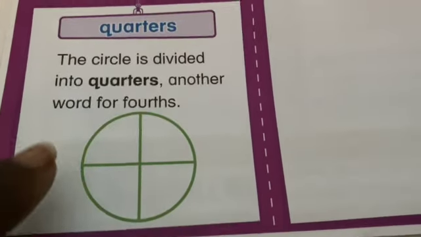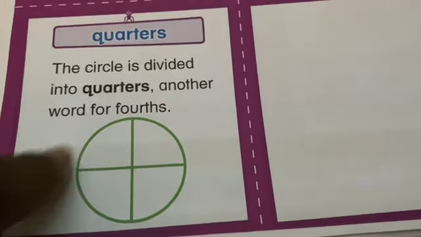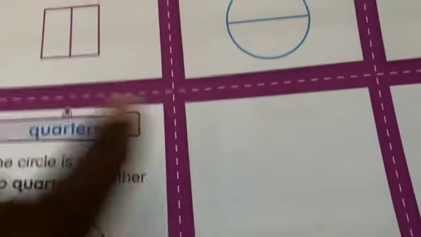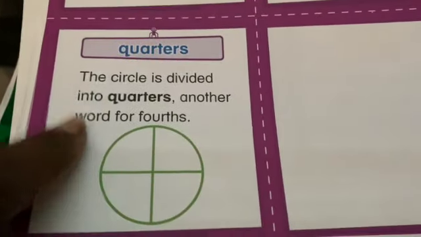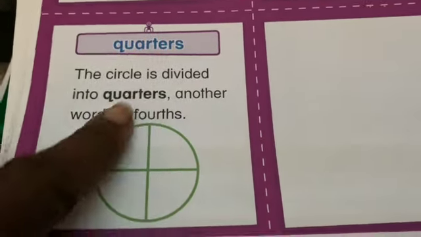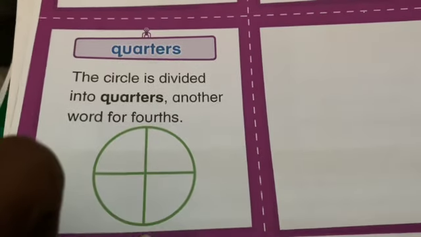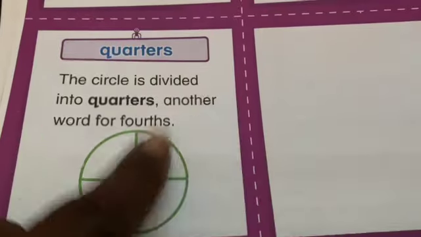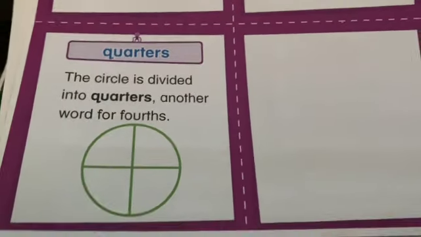Okay, so originally here we have a circle, like this one is drawn in halves. A half is drawn into a half, and this one is drawn into quarters. So line here makes four pieces. So 1, 2, 3, 4.